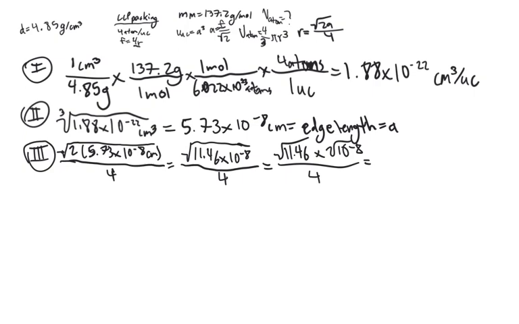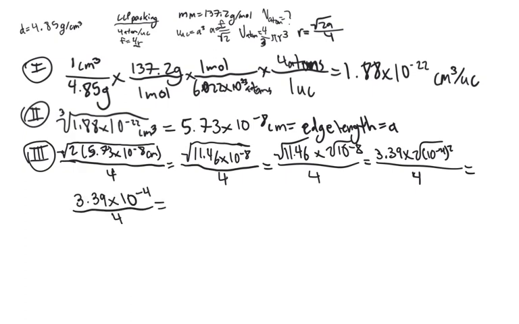And then finding the square root of 11.46, which is 3.39, and taking the square root of 10 to the negative 8th, which means it's 10 to the negative 4th, so we get 3.39 times 10 to the negative 4th over 4. And we divide the 3.39 by 4, and we end up with 8.46 times 10 to the negative 5th centimeters, which is the radius, or R.